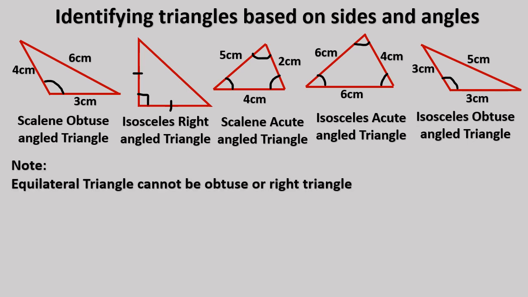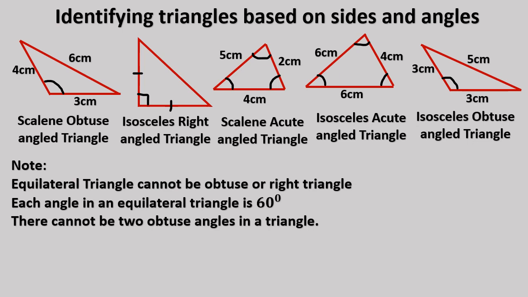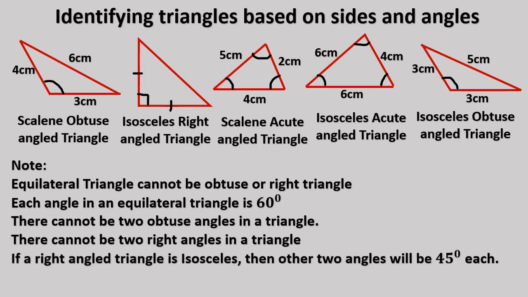Now, please note that an equilateral triangle cannot be obtuse or right angled. Each angle in an equilateral triangle is 60 degrees. There cannot be two obtuse angles in a triangle. There cannot be two right angles in a triangle.